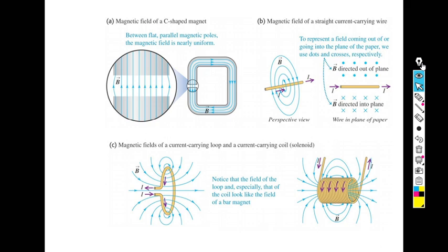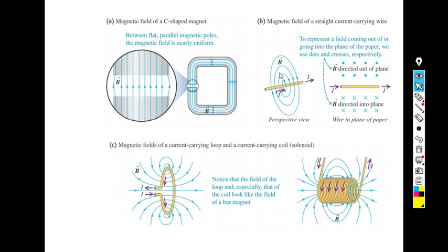Suppose this conductor is carrying current I. If I grip this conductor with my thumb in the direction of the current, then the other fingers grip in the direction of the magnetic field.